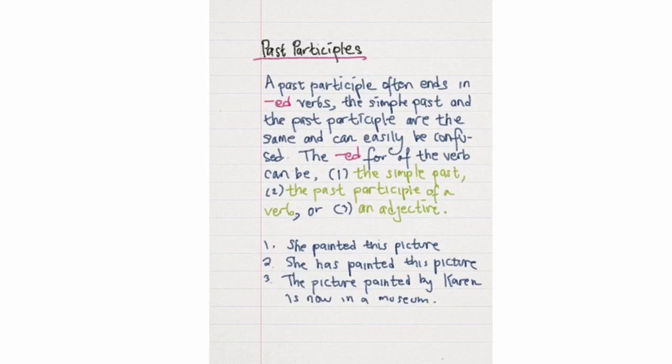The ed form of the verb can be 1. The simple past, 2. The past participle of a verb, or 3. An adjective. Number 1. She painted this picture. Number 2. She has painted this picture. Number 3. The picture painted by Karen is now in a museum.